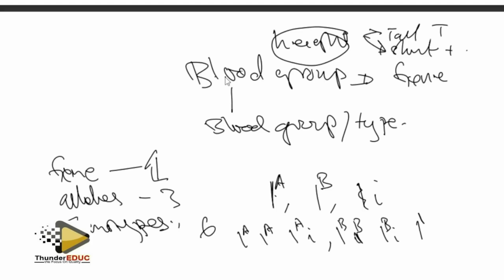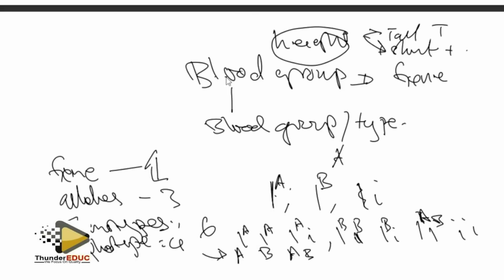Then you have AB, and then you have that for O. That's it. So 1 gene, 3 alleles, 6 genotypes, and then phenotypes, there are 4, which is A, B, AB and O.